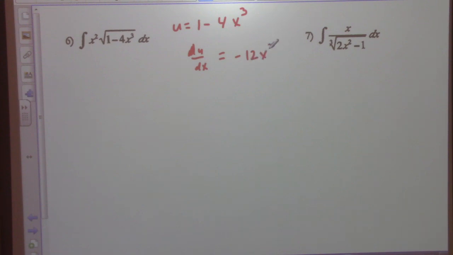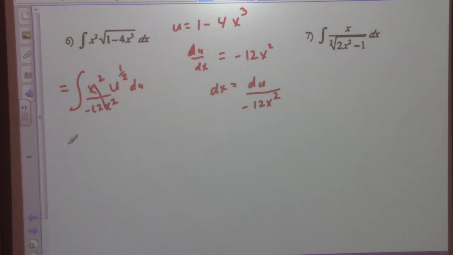Okay, I did this first part here. Does that look right? Yes. And so dx is equal to du over negative 12x squared. Okay, all right. What next? Then we have to do the integral. And for the new one, I need to do the 1/2. And then if we do du over negative 12x squared, you can cancel the x squared. So you've got negative 1/12, right? Yes.